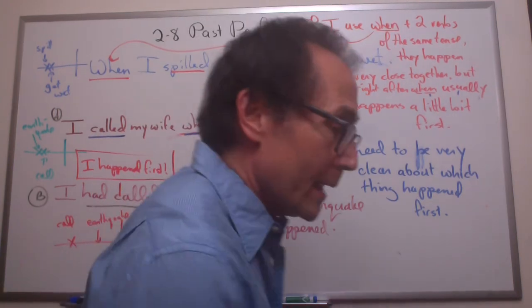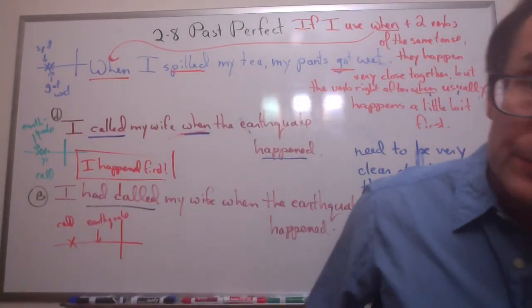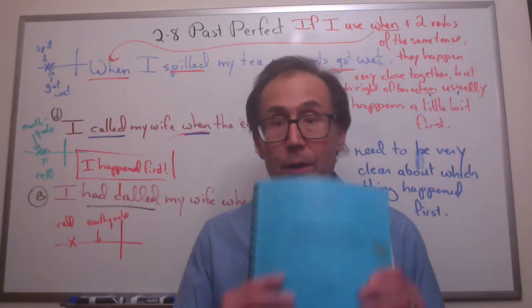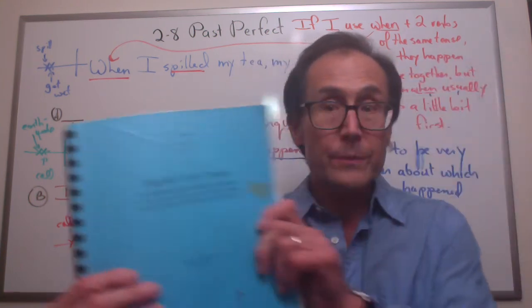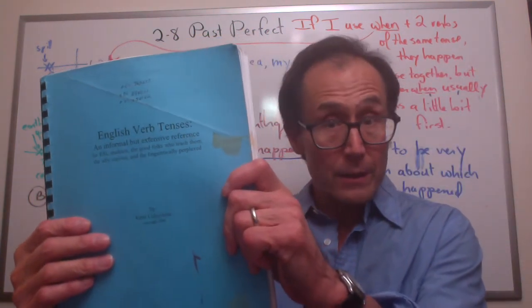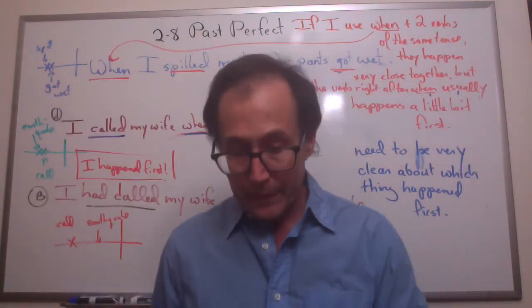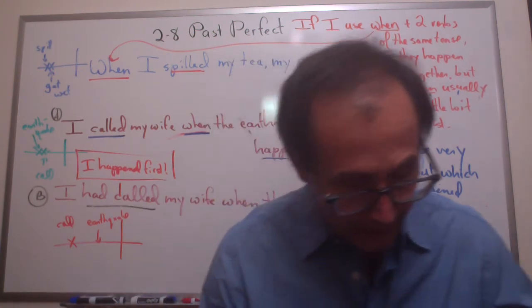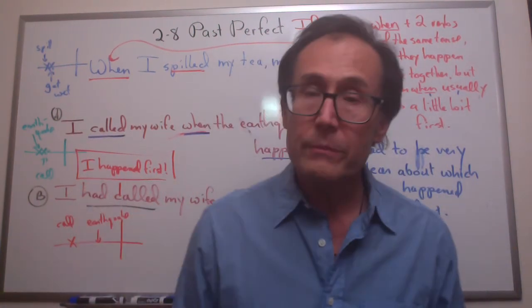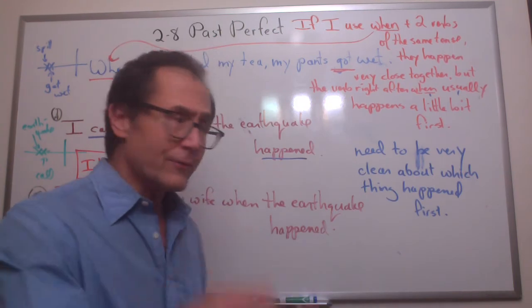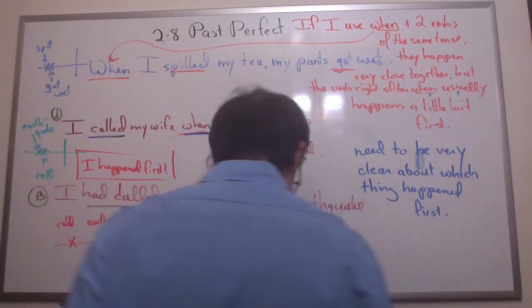So if you would like more examples of past perfect, you can download this book for free on the internet. Again, Google my name and verb tenses, and you'll find it right away. So let me just put that there.